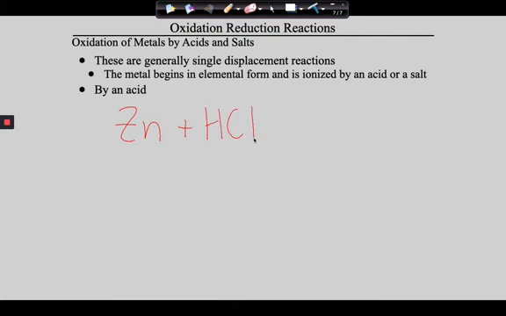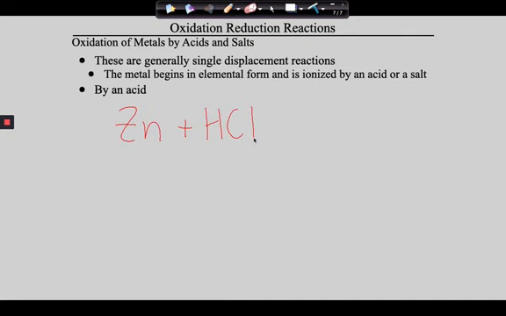All right. So, guys, whether we did this or not, this is a classic oxidation reduction reaction. Take a piece of zinc like this, huck it into a test tube full of hydrochloric acid, and we end up with a single displacement reaction taking place.